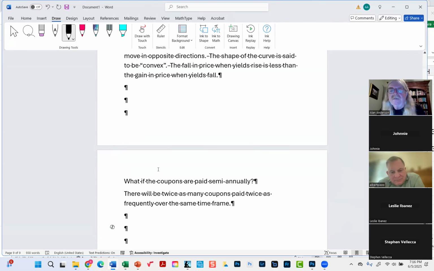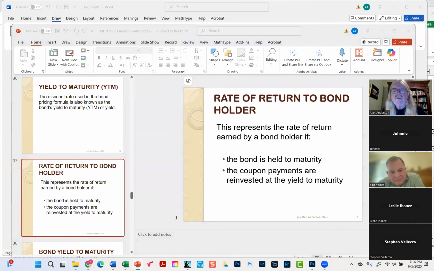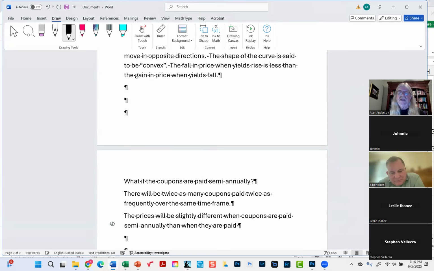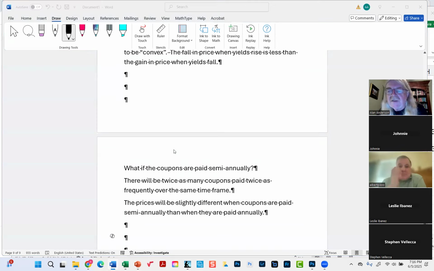We have to be careful though. And by the way, the prices will be different, not much, when coupons are paid semi-annually than when they are paid annually. We're going to find out in a second how much of a difference it makes.